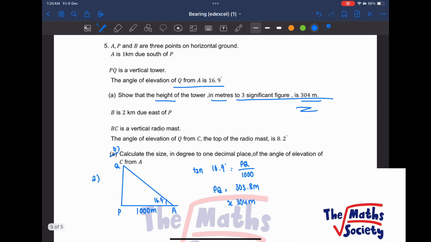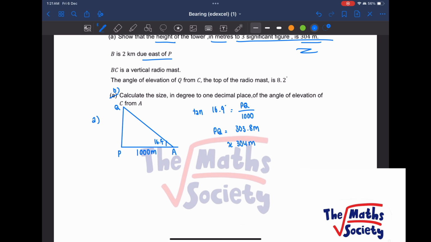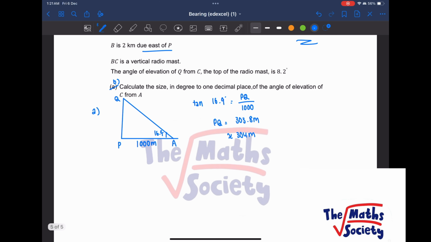Now another one is that B is 2 kilometers due east of P. So I hope we know our north, south, east, west. So we're going to have A and P in this way, and B is going to have to go down a little lower.